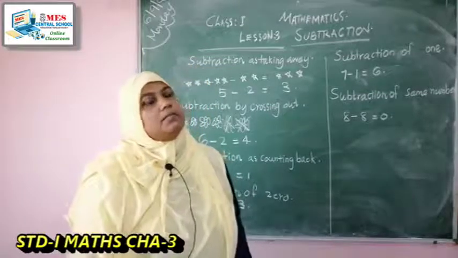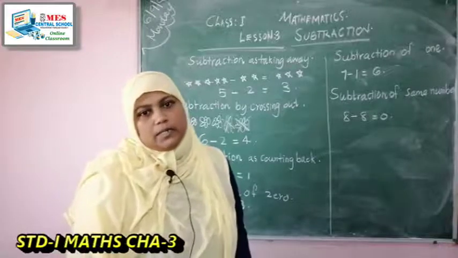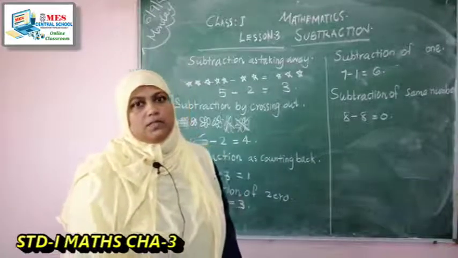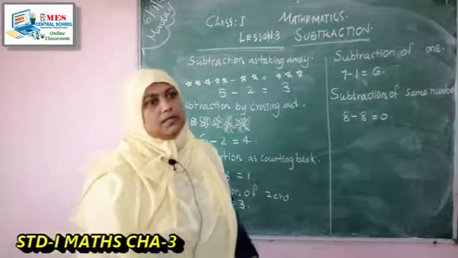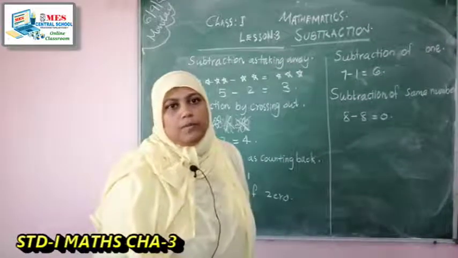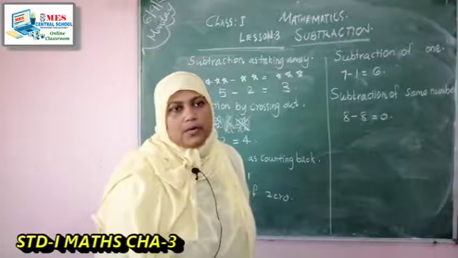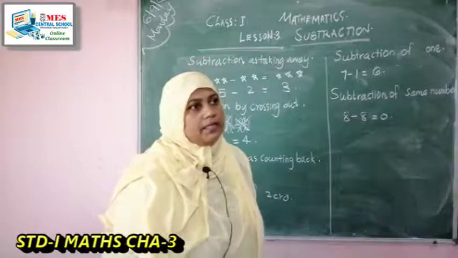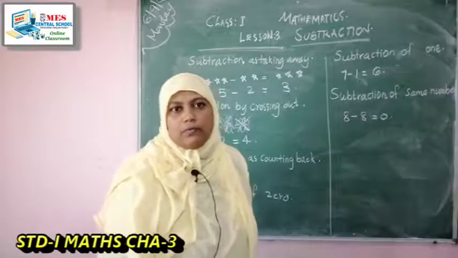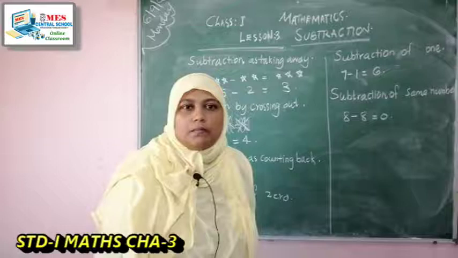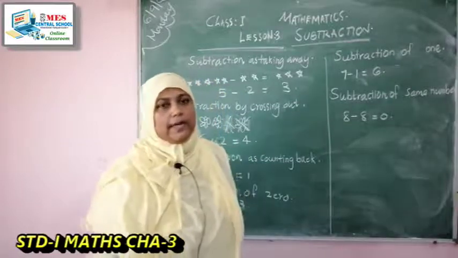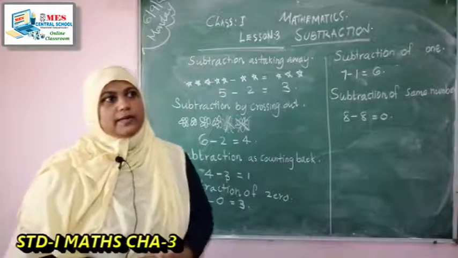Simply we can say, in your hand you have three toffees. One is taken by your brother. How many remain in your hand?